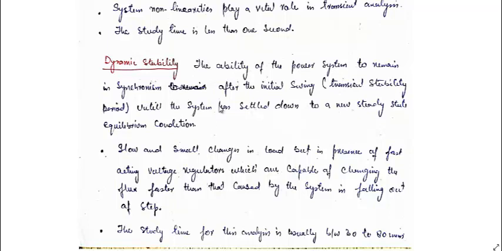So we can see this is again the same type of stability as that of steady state stability, but in the presence of fast acting voltage regulators, which are capable of changing the flux faster than the change caused by the system in falling out of synchronism.